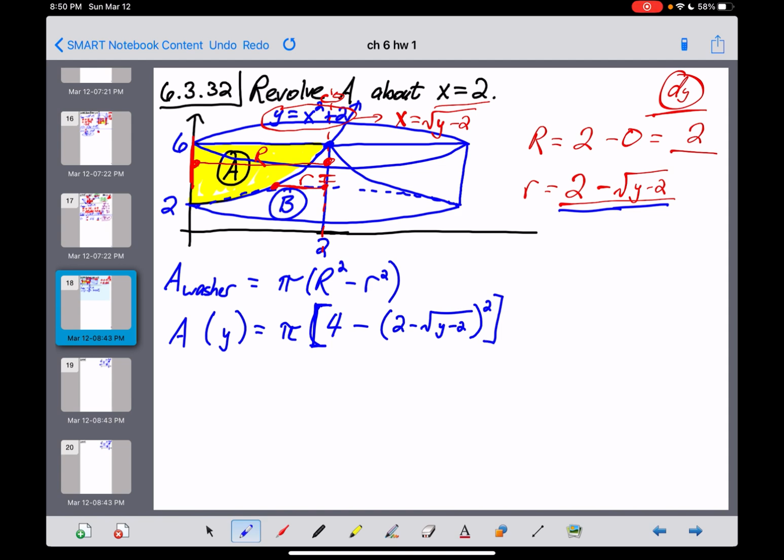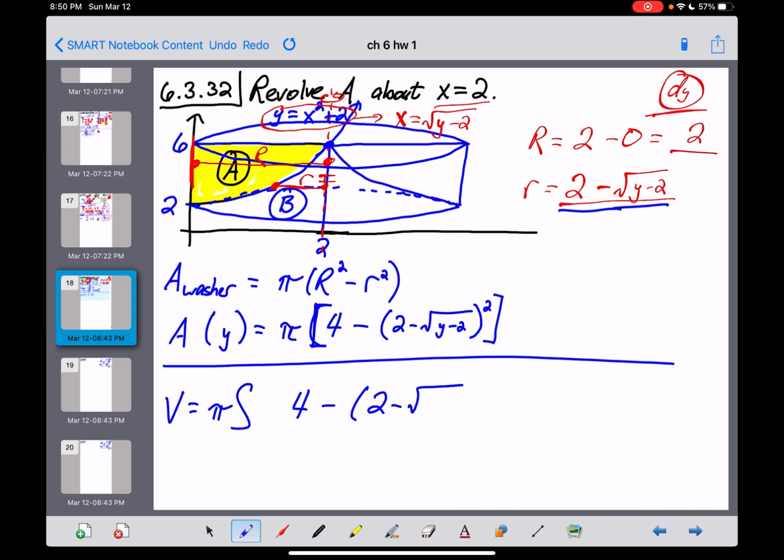And I think that's as good as this A of y expression is going to get, everybody. So now that we know that, the rest of this should be pretty simple. Volume will equal the definite integral, and this one isn't too bad, so I'll write it out. I'll put the pi out in front, and then my integrand will be 4 minus 2 minus the square root of y minus 2, close it all, square it. We're integrating with respect to y, and our limits of integration are the lowest and highest values of y in this region. We're starting at 2, we're ending here at 6.